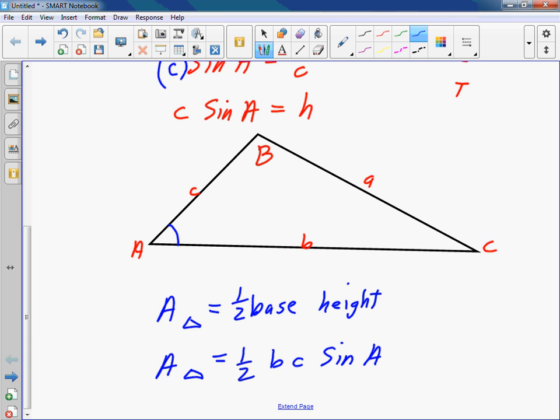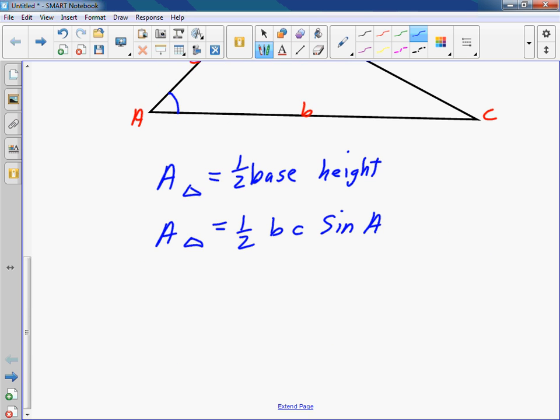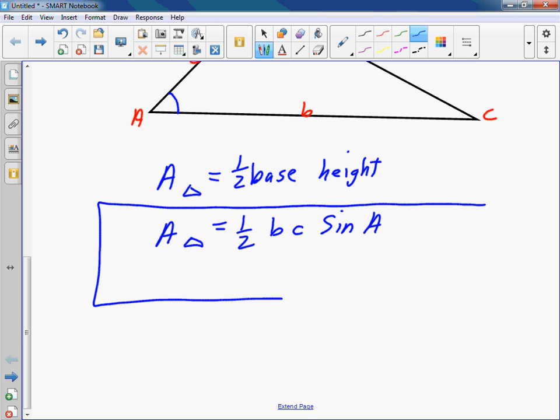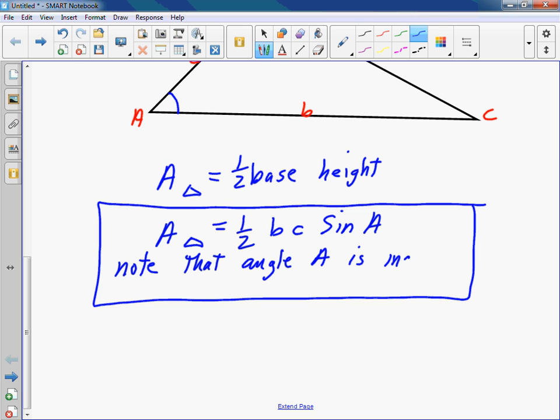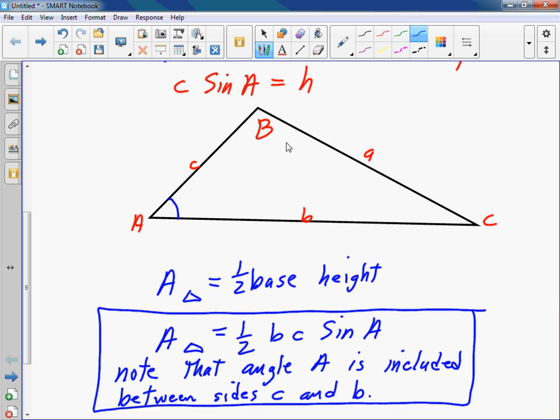And that is brilliant. Notice that works for any triangle, anytime, as long as you know, and I'm going to say, note that angle A is included, and this is really an important term, included between sides C and B. So this is really important.